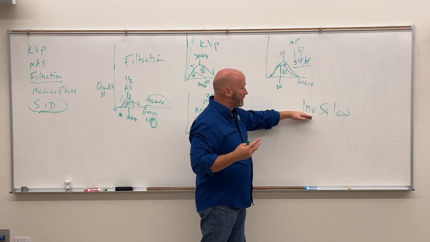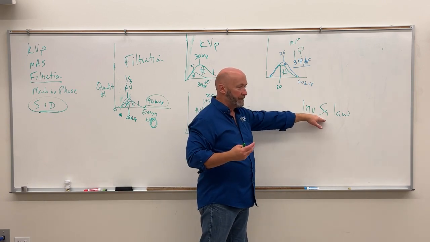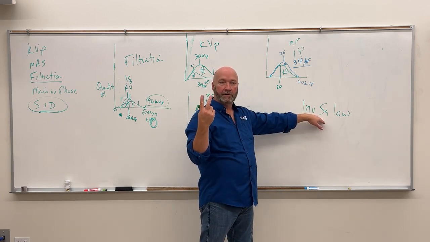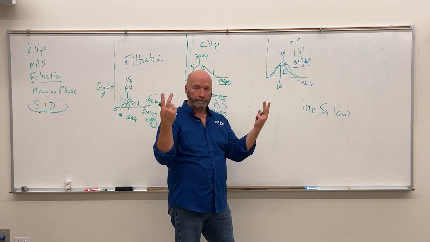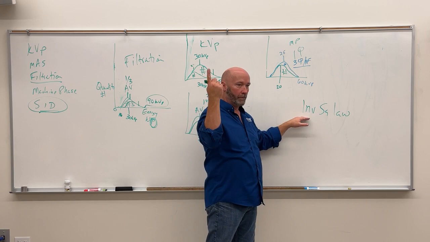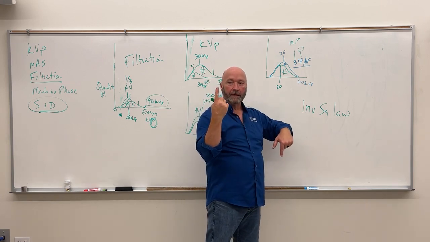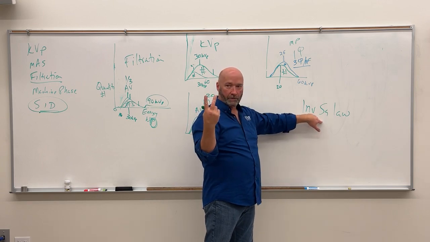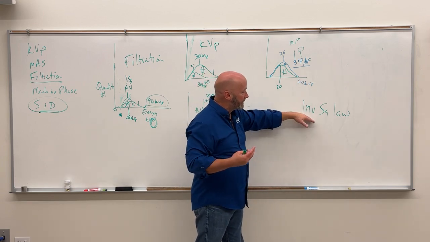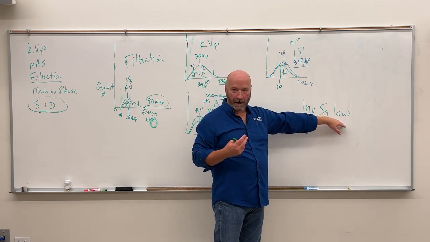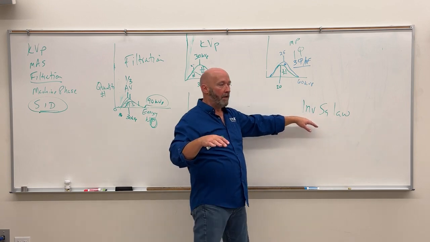So it's going to change by a square of the distance. So you double your distance, the change is going to be a factor of 2 squared, right? So it's inverse. One thing goes up, the other thing goes down. Distance goes up, intensity goes down. Square the distance, 2 squared is 4. So your intensity is going to decrease by a factor of 4, and it's going to happen every single time you double your distance. Never going to change, okay?